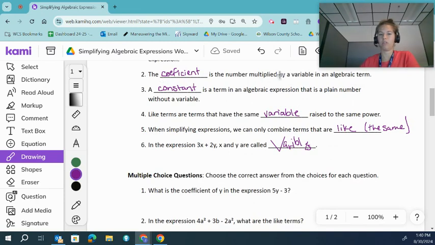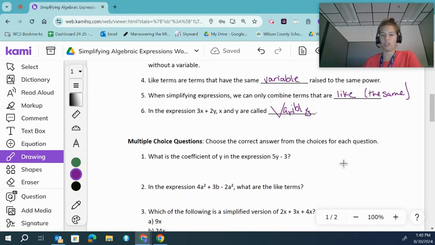Coefficient is the number multiplied by a variable in an algebraic term. So the number that is multiplied by y is 5. So 5 is the coefficient. Not 5y, that's the term. So just the 5 is the coefficient there. Now, negative 3 is the constant.